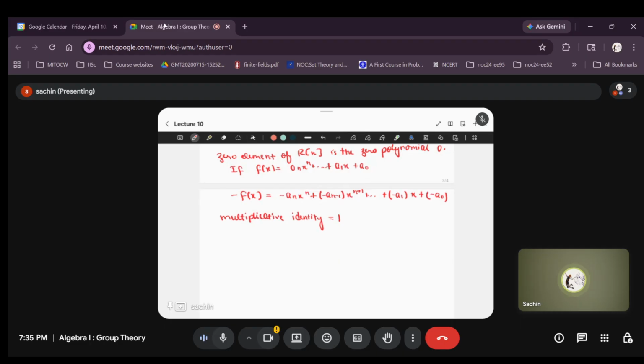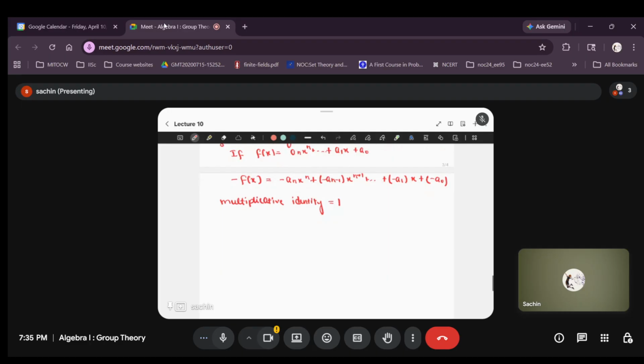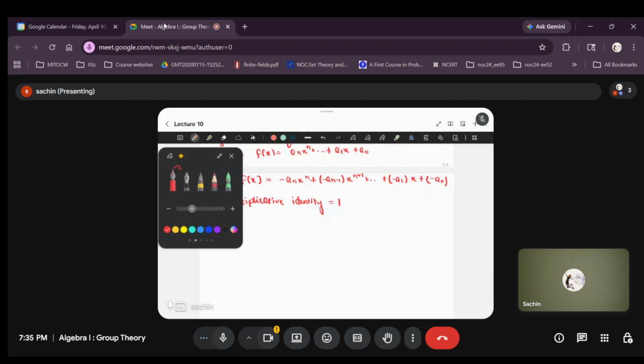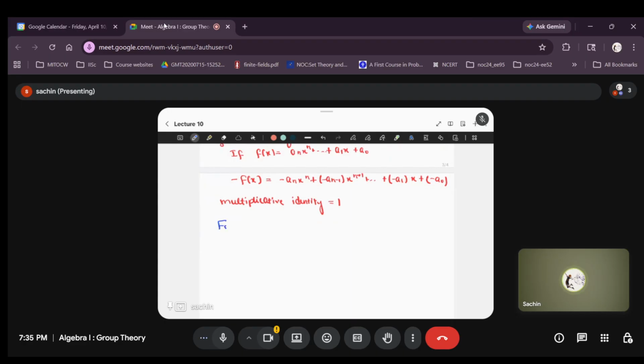So for any ring R, R of X with the addition and multiplication defined as above is a ring.